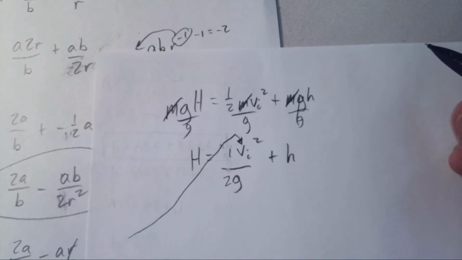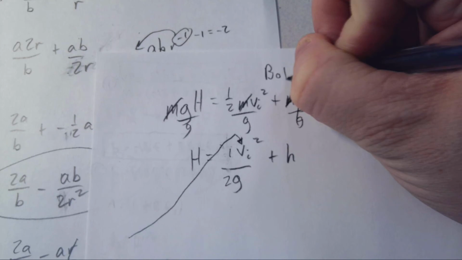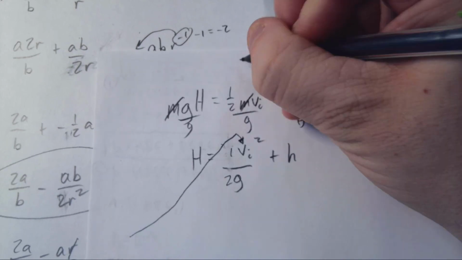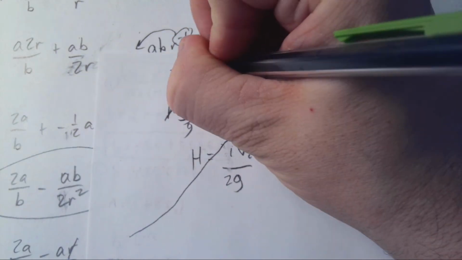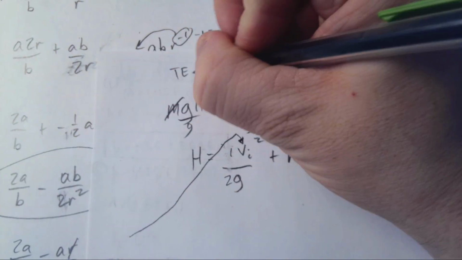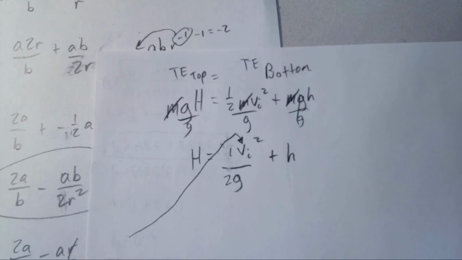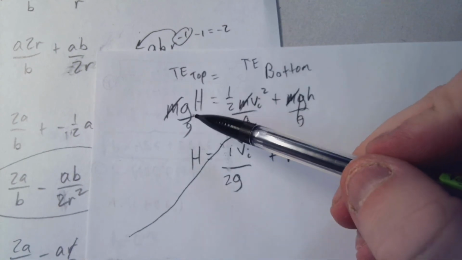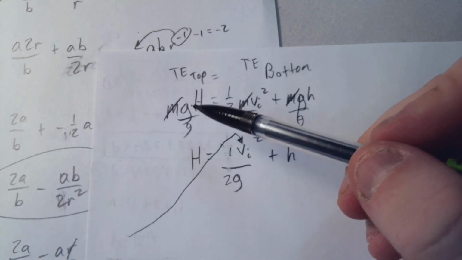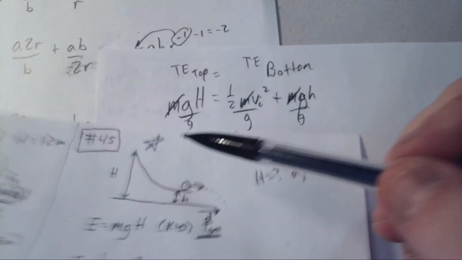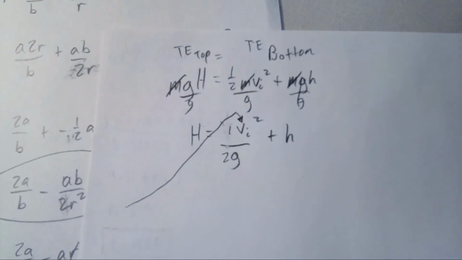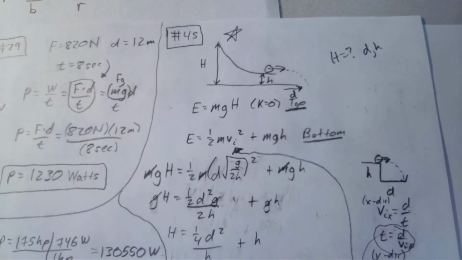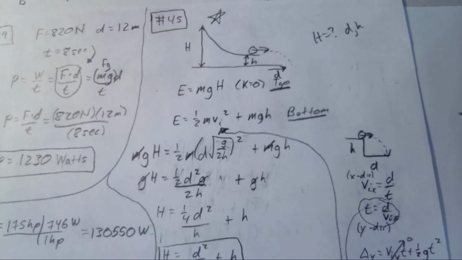So this is the total energy at the bottom, and that's the total energy at the top, and those have to be equal to each other. We have an equation for the total energy in terms of the height of the slide at the very beginning, and the total energy in terms of the speed and the height at the very end, and that gives us enough information.